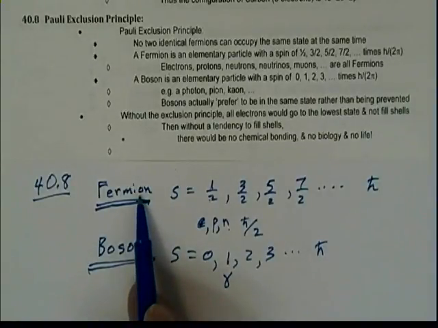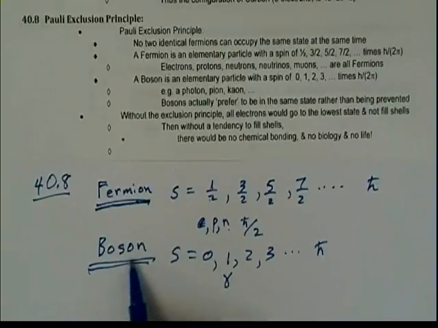And if they're exchanged and you've got a minus sign in the probability function, it's called a fermion. And if it's a positive sign, it's called a boson. These are called the statistics that are associated with the particle under their exchange.